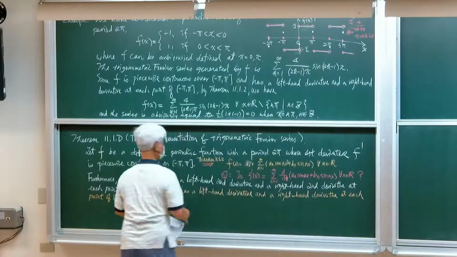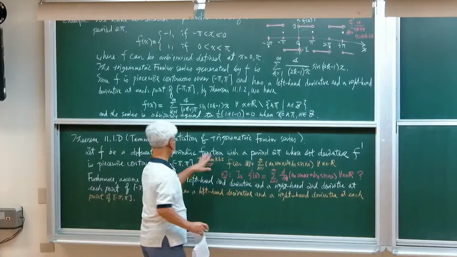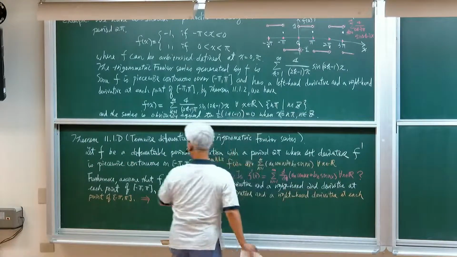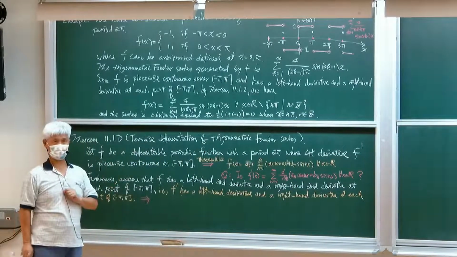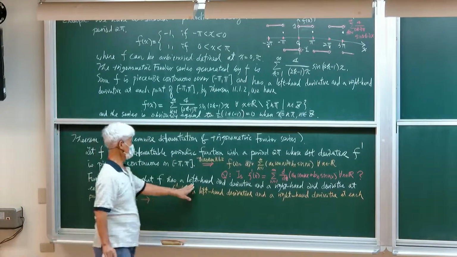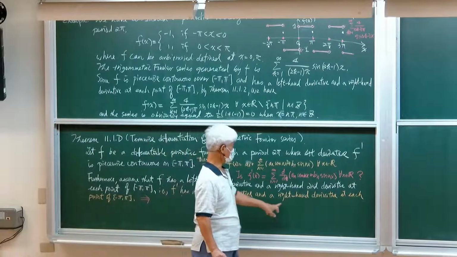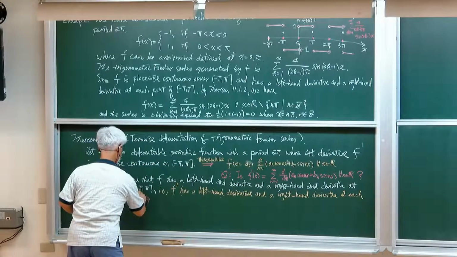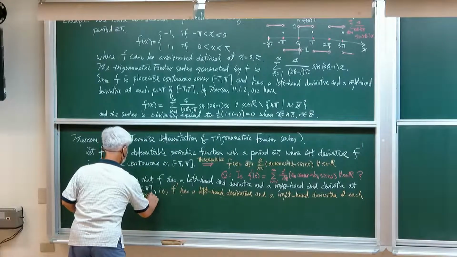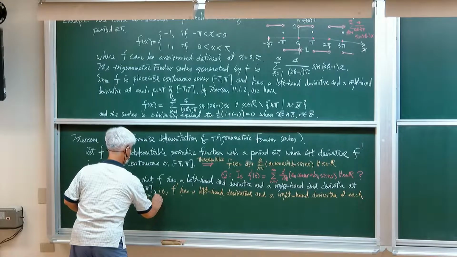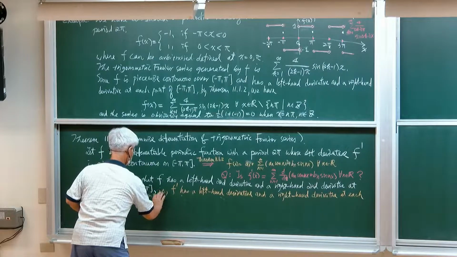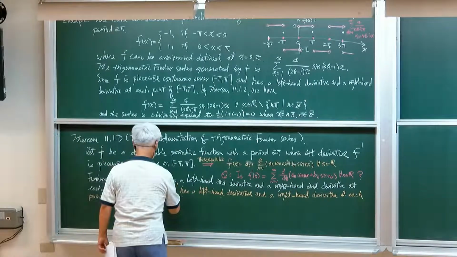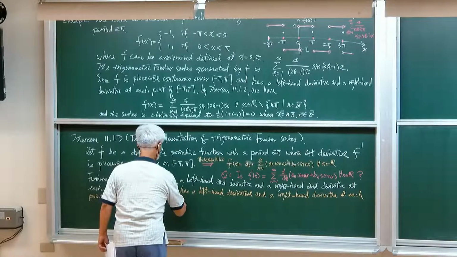As we assume here, the first derivative f prime is piecewise continuous, and f prime has a left-hand derivative and a right-hand derivative. So now we can apply the representation theorem, theorem 11.1.2 again.